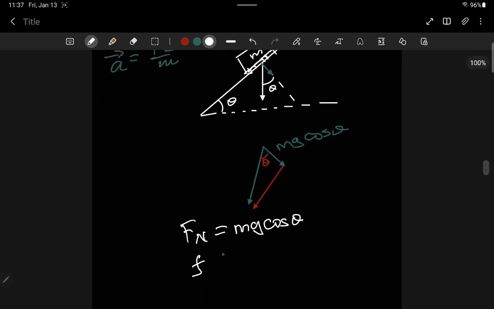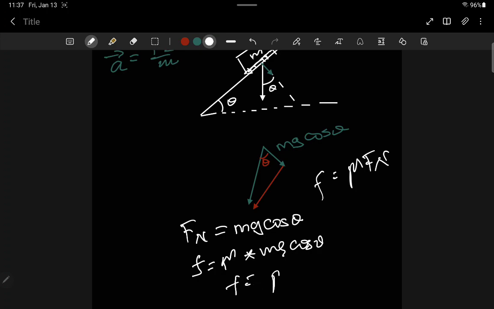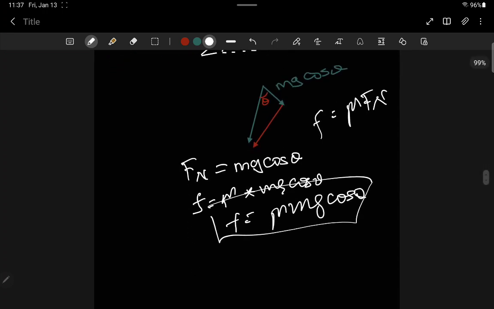So the frictional force is the coefficient of friction times the normal force, which is the cosine component of the weight. Now we have the frictional force as mu times mass times gravity times the cosine of the angle. This is how you calculate the frictional force on such a ramp.